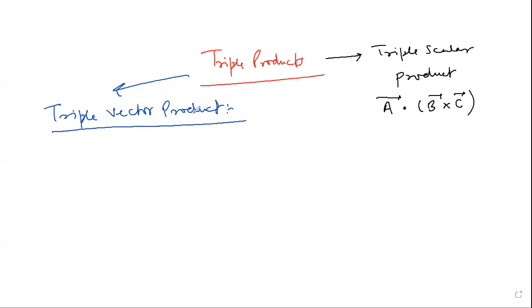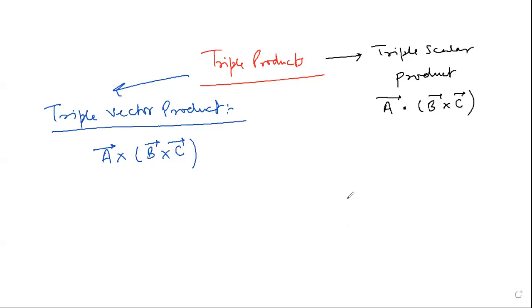Triple because there are three vectors involved, and vector product because this yields a vector. A cross B cross C. B cross C is a vector, so we cross that with another vector A, and the resultant quantity is a vector. You know a cross product is a vector.